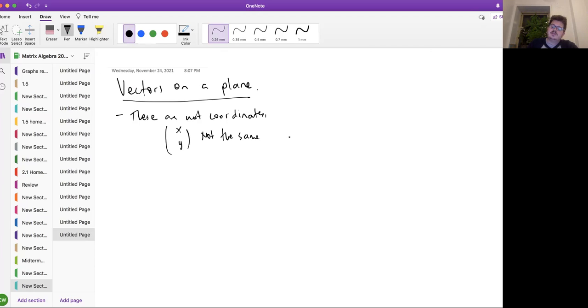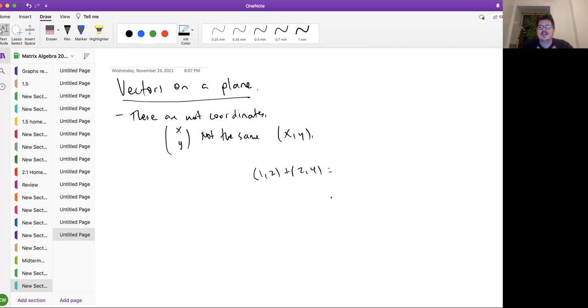One way to imagine these as vectors, not as coordinates: we want to talk about vectors as things that you can add together, things that you can multiply. There's no natural way to talk about adding coordinates. It's not really a physical thing that you can add. What is 1, 2 plus 2, 4 equal?